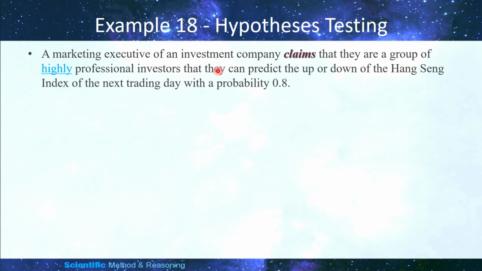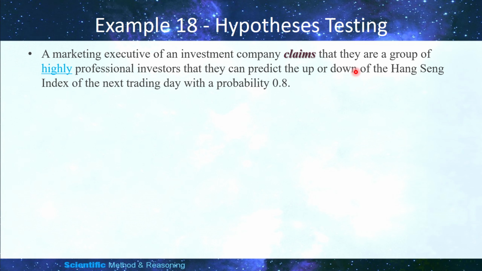To give you another example, a marketing executive of an investment company claims that they are a group of highly professional investors, and that they can predict the up or down of the Hang Seng Index of the next trading day with a probability of 0.8. The probability of making a correct guess equals 0.8.